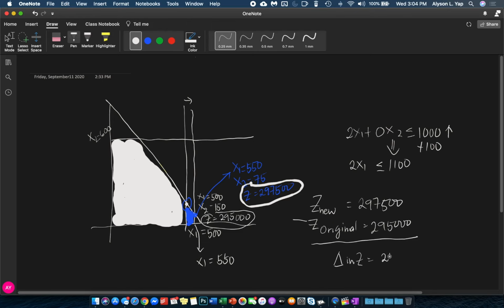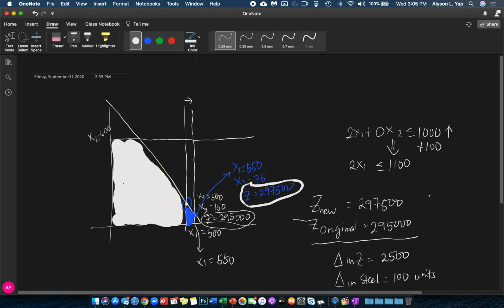Therefore, what we get if you subtract is a change in z equals 2,500. And this 2,500 change in z was brought about by a change in steel of 100 units. Why?